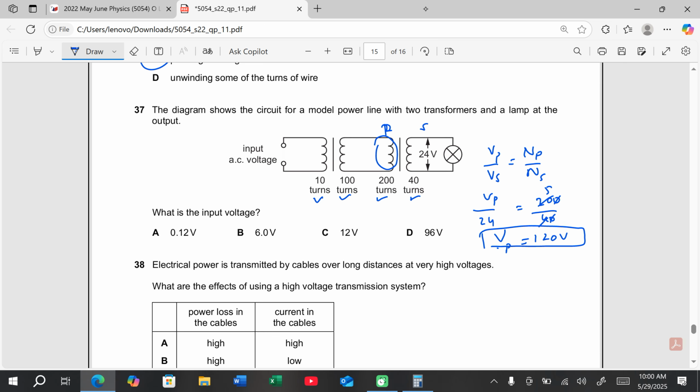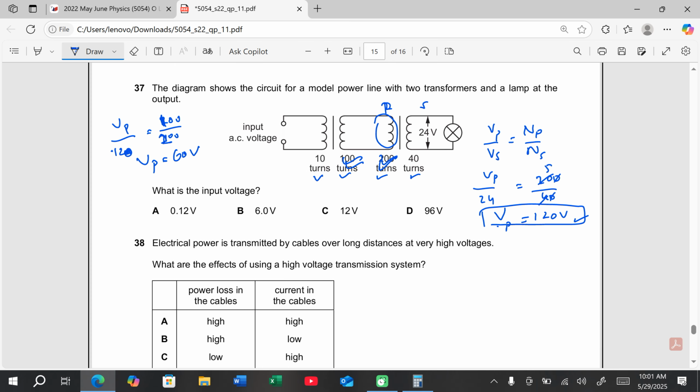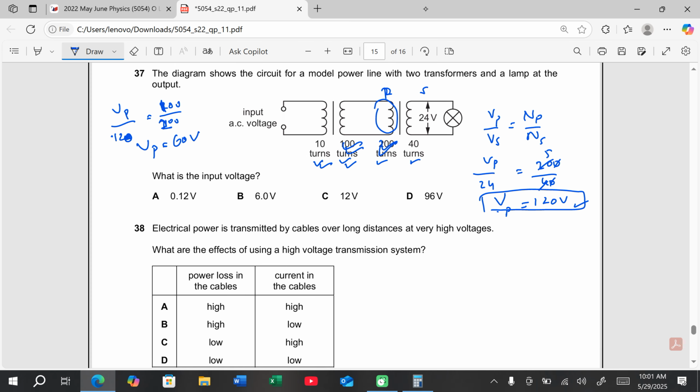Then when the number of turns is 100, now this one will become a secondary and this will become a primary. Oh sorry, primary is 100 and secondary is 200, because now we are taking this as secondary and this as primary. So Vp will be equal to 60 when you calculate this. Now this becomes secondary and this becomes primary.